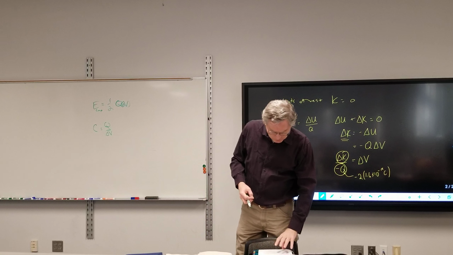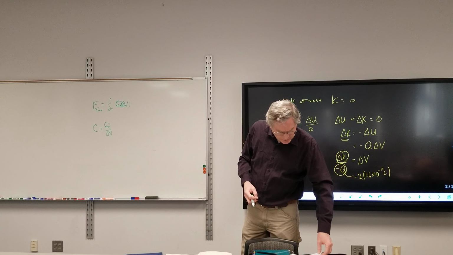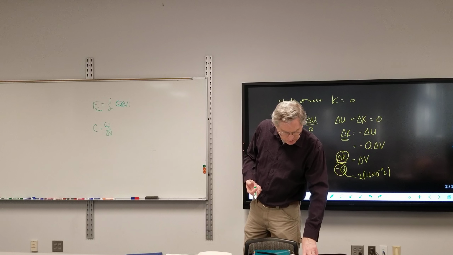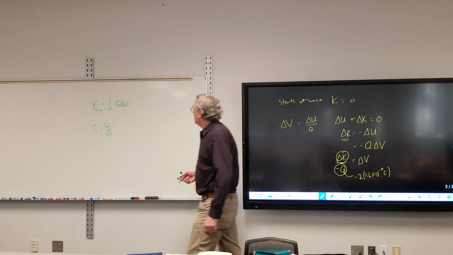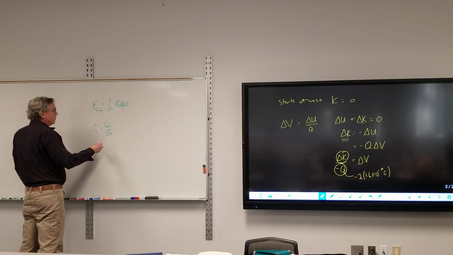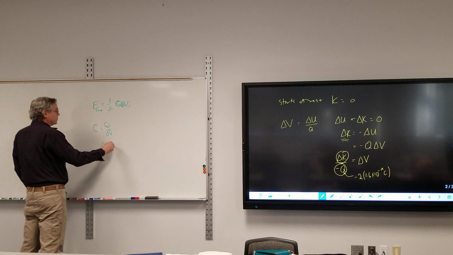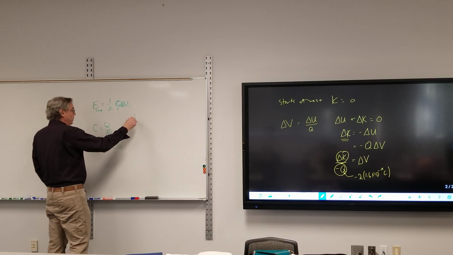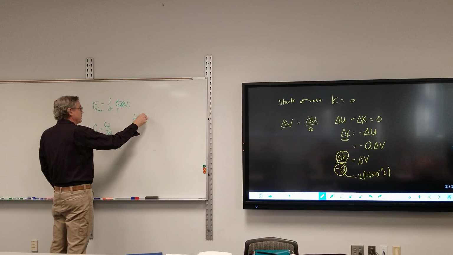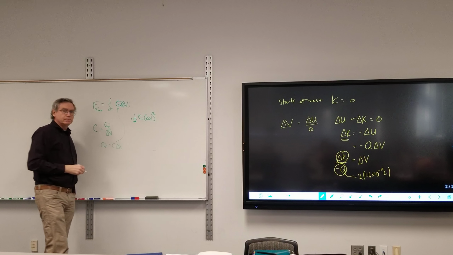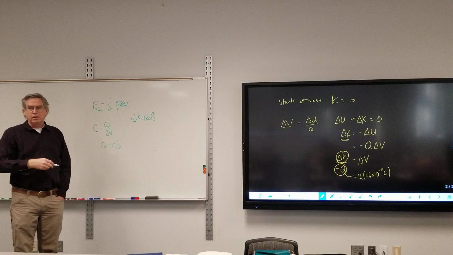In this problem they give you the capacitance and the voltage, so I want this in terms of C and delta V. Q is equal to C delta V. Plug that in and I get one half C delta V squared. Now it's plug and chug.